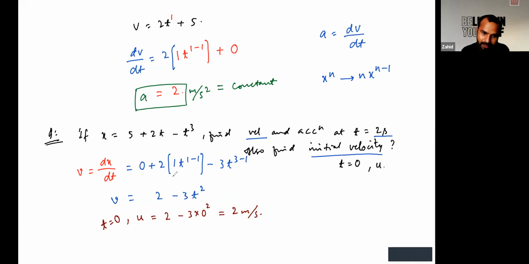Khalid, have you got the same expression for velocity? Salman, is it the same expression you got? Good. Just put the value of t to be 2 seconds to find the velocity at 2 seconds.